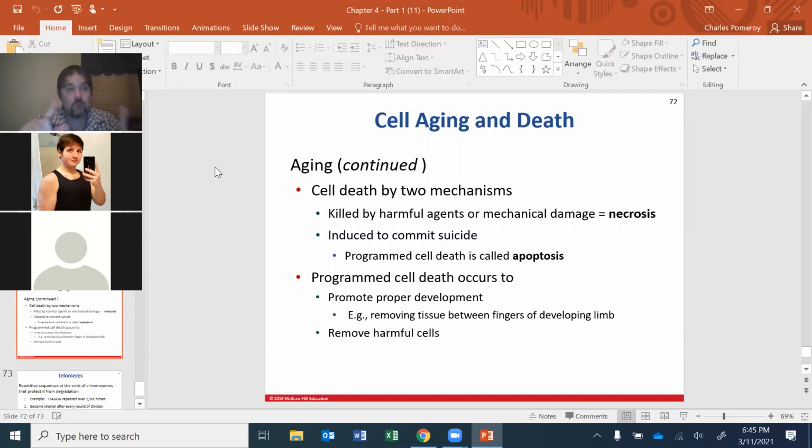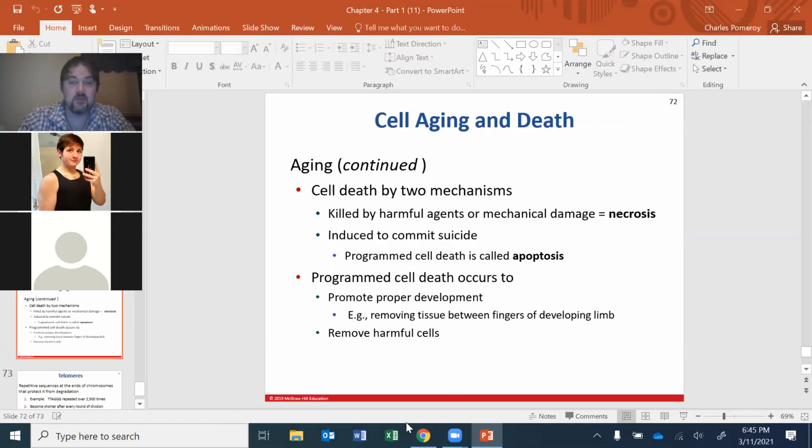Early in development, we all have a flap of skin that connects right here from right where our ear's at, down to our shoulder. Those cells are supposed to undergo programmed cell death and die. And that's what gives us our narrow neck. And when that doesn't happen, then people can be born with a webbed neck.